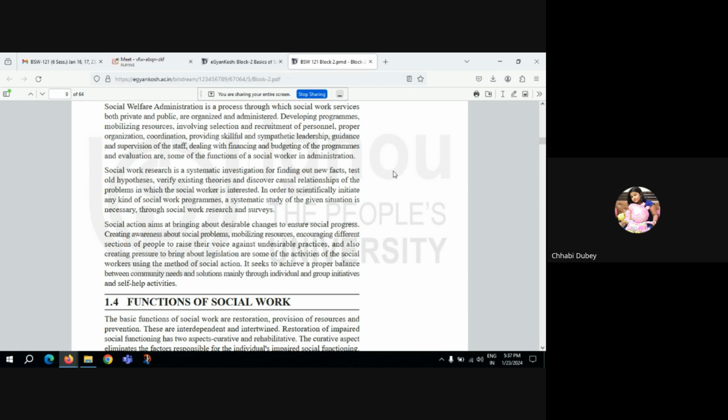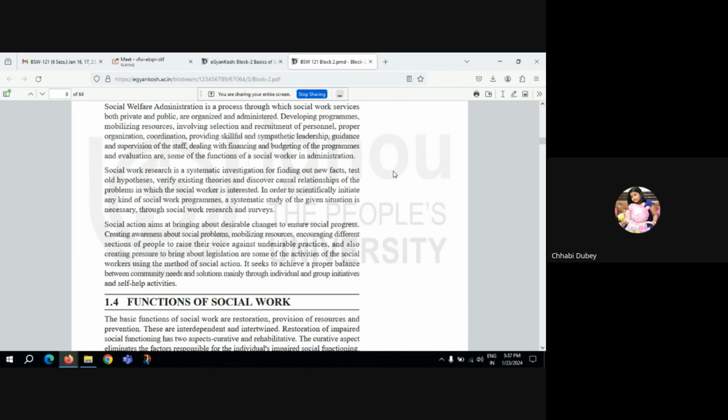Social work research, on the other hand, is a systematic investigation for finding out new facts, testing old hypotheses, verifying existing theories, and discovering causal relationships of the problems in which the social worker is interested. So here we will be doing research work, systematically investigating these different issues through scientific means.